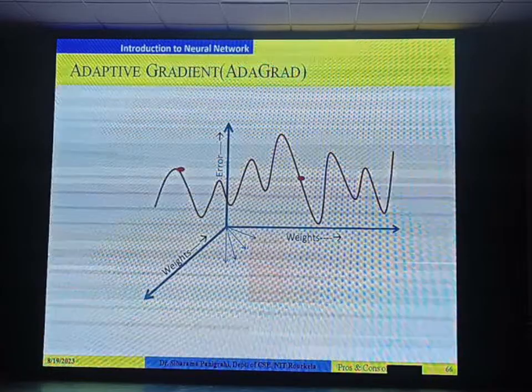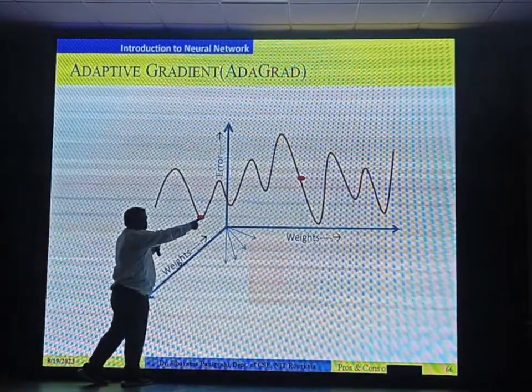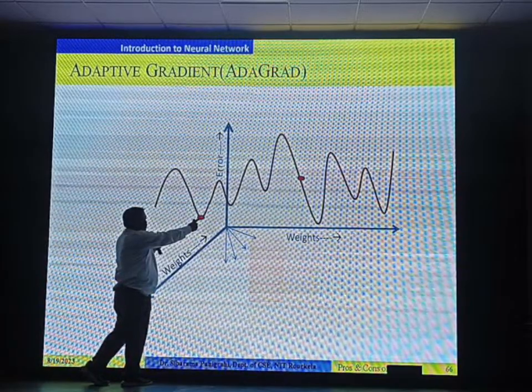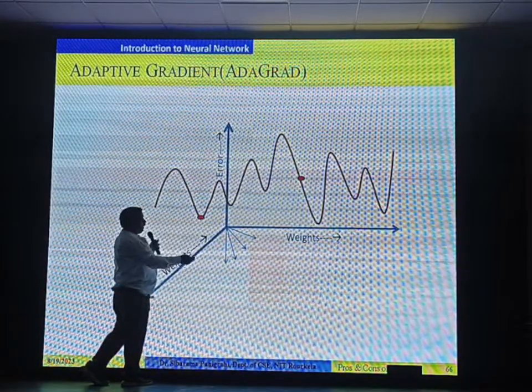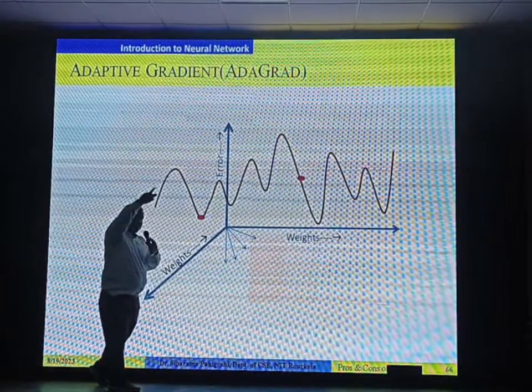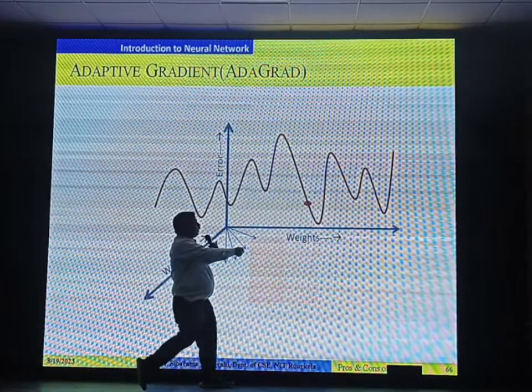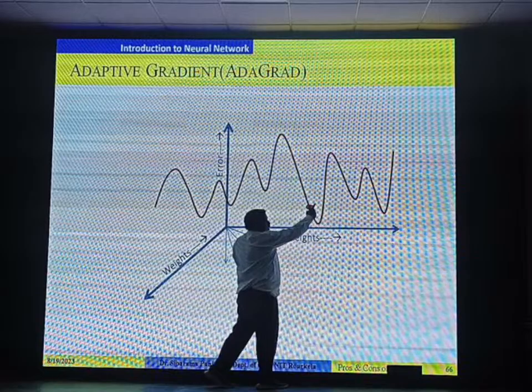You see, first we have a larger learning rate, then we have a smaller learning rate, so that we can converge to the local optima, right? But if we fix the learning rate, then the same step size will keep happening, and we might have oscillation, right?